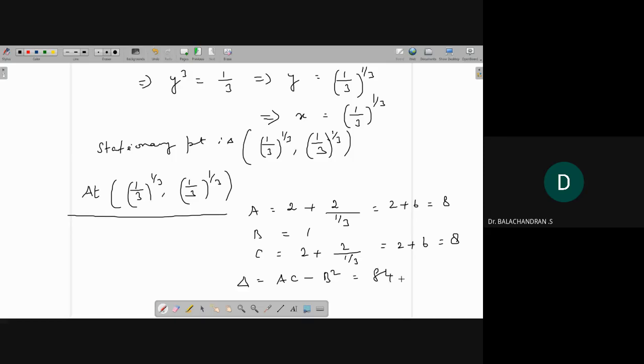So 8 into 8, 64 minus 1 equal to 63, which is greater than 0, and A is greater than 0, and hence this point is minimum point. Find the minimum value.